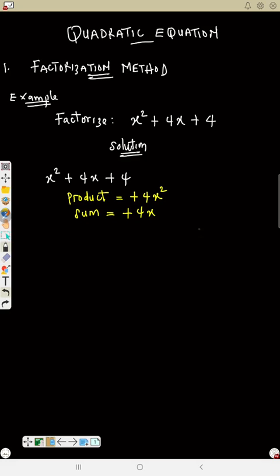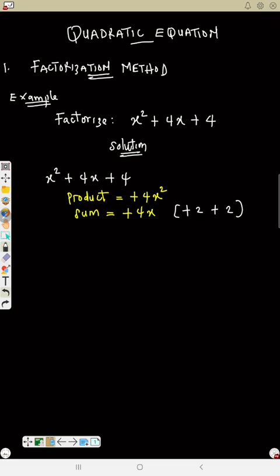Again, we have already reasoned that the numbers are 2 times 2, 4, and also 4 times 1, which is 4. But it's when I add this one together, plus 2 plus 2, that I'll get 4, which is the sum. So my two numbers now are plus 2 and plus 2, because plus 2 plus 2 is plus 4, and plus 2 times plus 2 is plus 4.